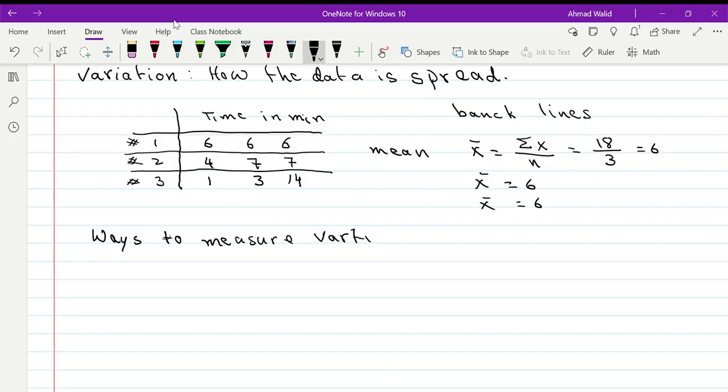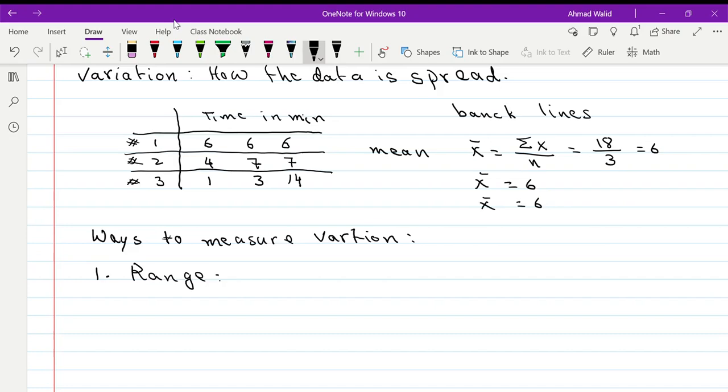I will explain one by one. The first way, we call it finding the range. When you find range, that's the easiest way to calculate variation. Correct? It's the easiest way to calculate variation.